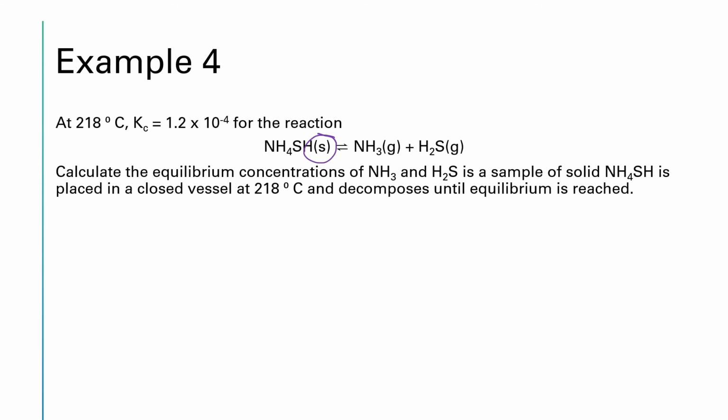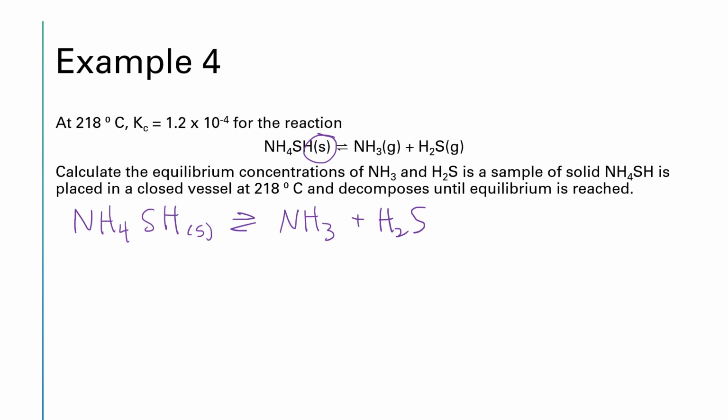So we will take our equation to set up our ICE chart. NH4SH, solid, in equilibrium with NH3 plus H2S, where both of those products are gases.